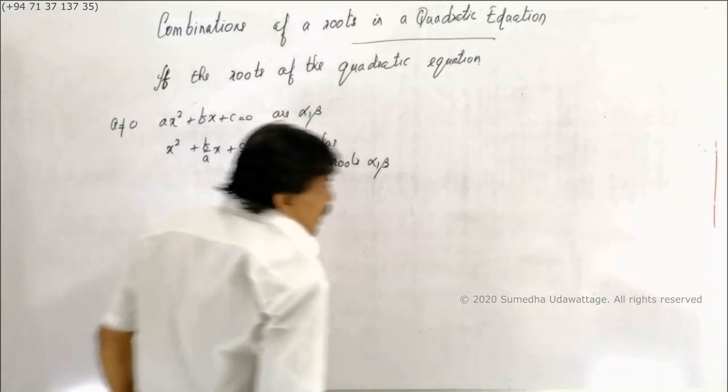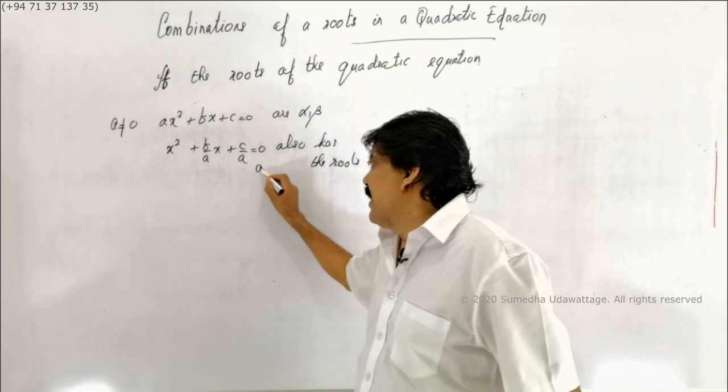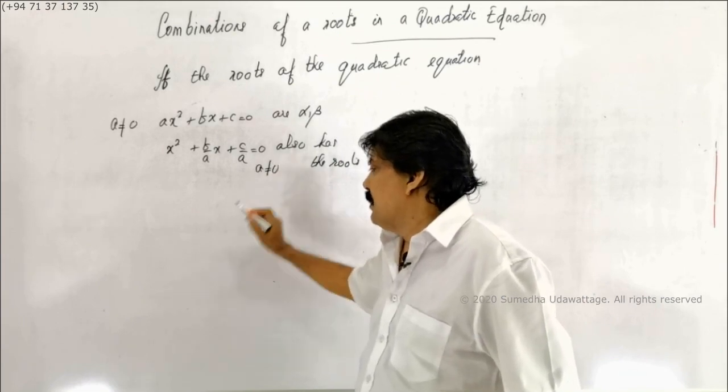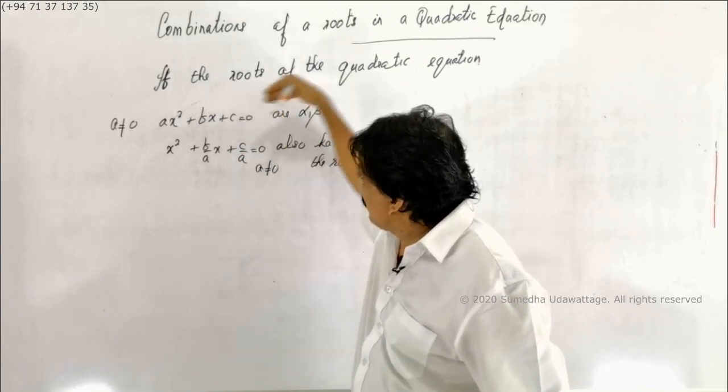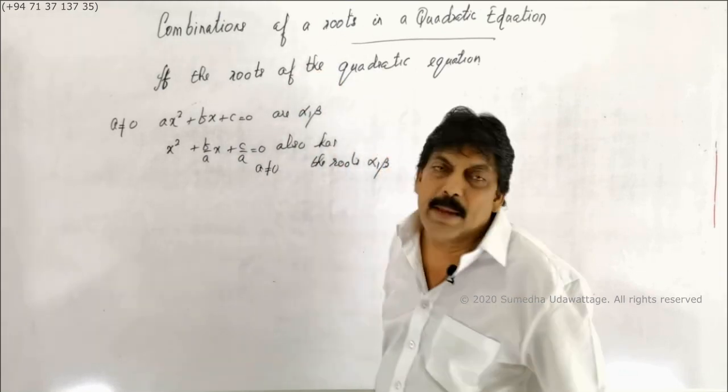When you divide this expression by a, you have to say that a is not equal to 0. If the roots of this equation are alpha beta, the equation divided by a also has to have roots alpha beta.